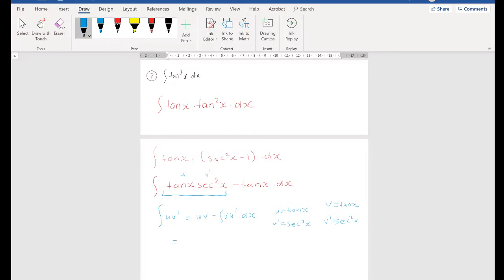Make my substitution. I want uv, which becomes tan squared x, because there's two tans, minus the integral of vu dash.